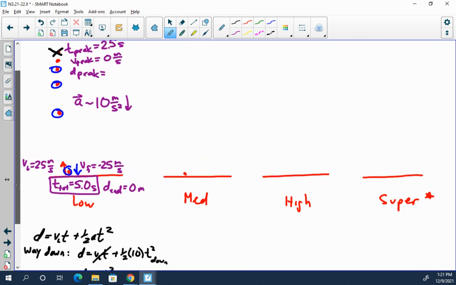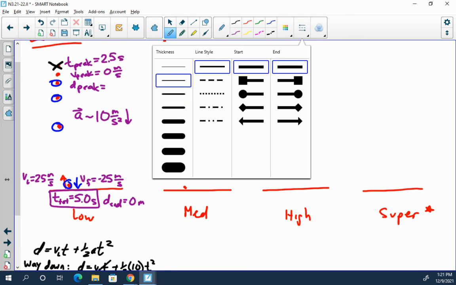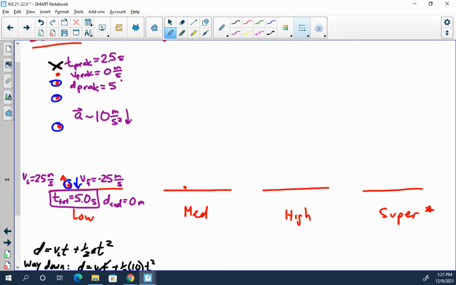So this D peak is really just 5 times 2.5 squared. What's 2.5 squared? You guys know 25 squared? You should know 25 squared. 625.